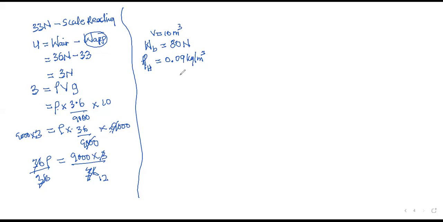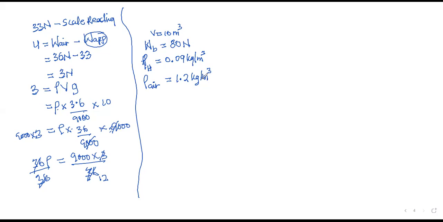And the density of the surrounding air is 1.2 kilogram per meter cube.